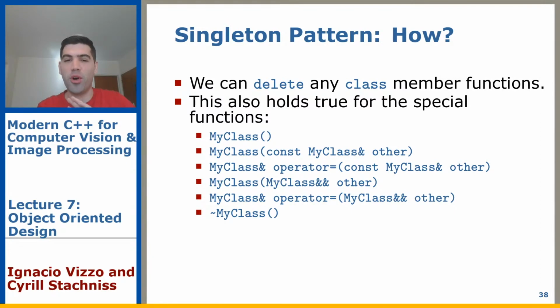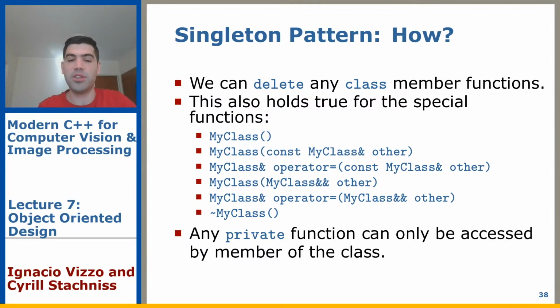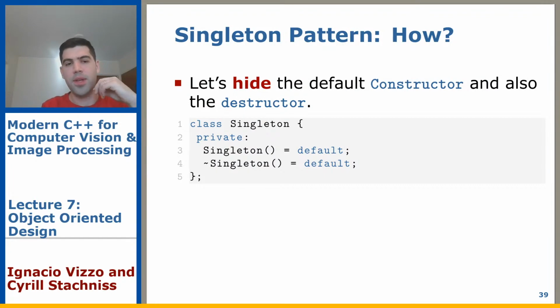You can delete these functions. And just remember that any private member, function or data member, can only be accessed by a member of the class. So someone outside the class cannot access this member, and if you inherit, you could not access this member either.